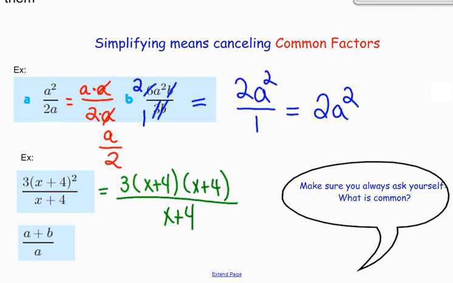So because in the numerator they're all factors of each other, it's 3 times x plus 4 times x plus 4, we can cancel one of our x plus 4's because there's multiplication in between as our operation in the numerator. So when we cancel those, we get 3 times x plus 4, or if we wanted, we could distribute that 3 inside and we'd get 3x plus 12. So either way is fine.